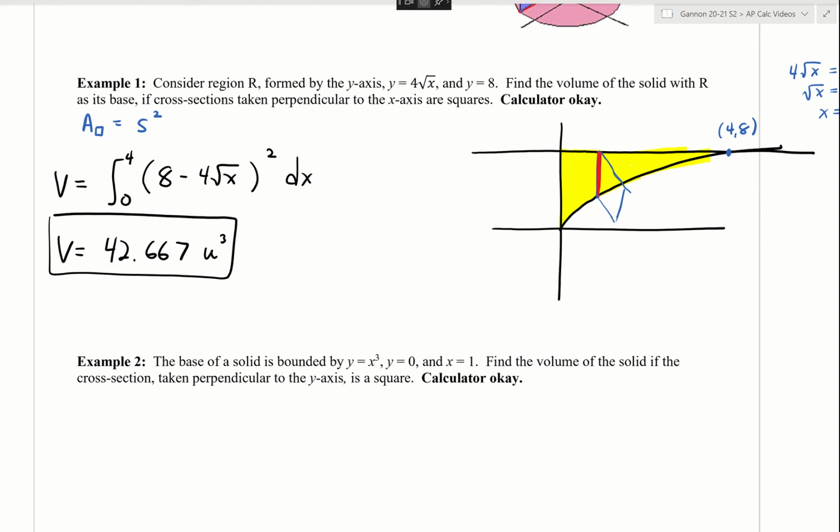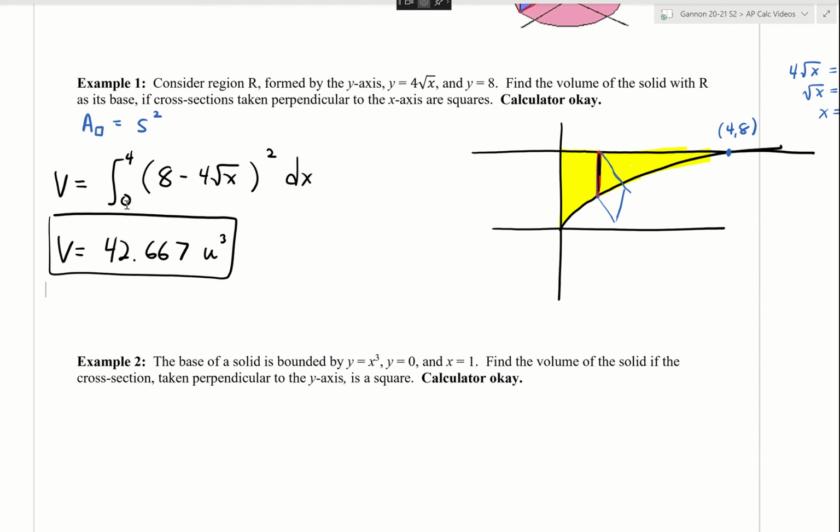So the pieces of this that you need to understand are, we're finding the volume for a solid with known cross sections. So we're going to use whatever the formula for the area of that cross section in our integral. That's the formula we're going to integrate. If the cross sections are perpendicular to the x-axis, then we're going to integrate from left to right, which is in terms of x.